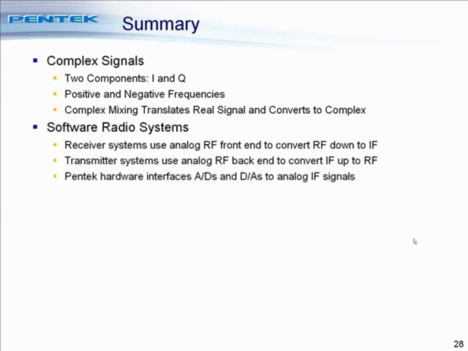In software radio systems, receiver systems use an analog RF front end to convert the RF antenna signal frequencies down to IF frequencies. Transmitter systems use an analog RF back end to convert IF signal frequencies up to the RF antenna signal output frequency. Pentek hardware interfaces A to Ds and D to As to these analog IF signals for both the transmit and the receive.